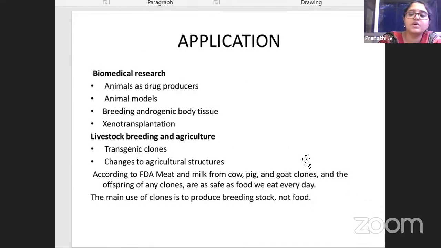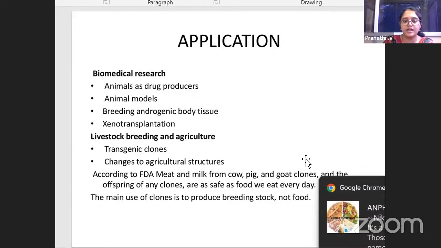So where can cloning be applied? You get to see that cloning is applied for animals to be produced as drug producers. You can see bacterial cloning, also bacterial cell division, actually helps a lot because of the production of insulin. Animals can be used as drug producers or models, breeding or antigen tissues, and for xenotransplantation.